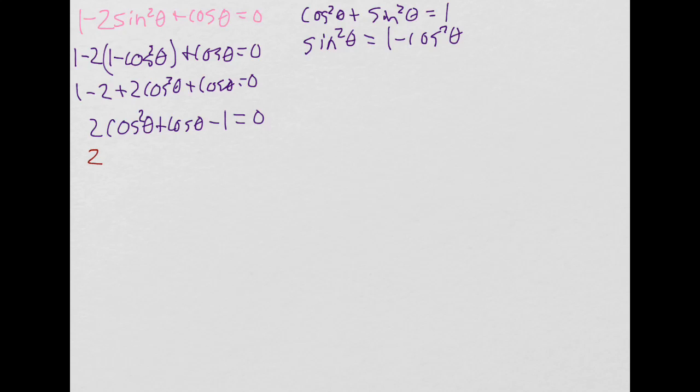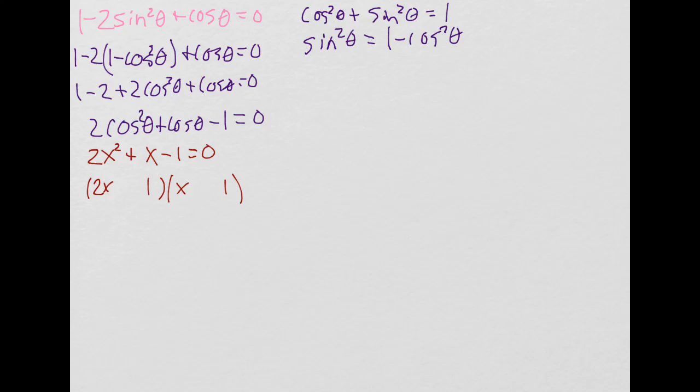So just think of it like 2x squared plus x minus 1 equals 0. Well, how would you factor that? Because you're going to factor this trig function the same exact way. 2x there and an x there. We have a constant term of negative 1, so we've got to have 1's over here. Now it's just a matter of figuring out if it's positive or negative. Well, look at your middle term.